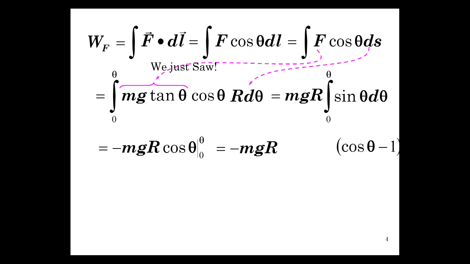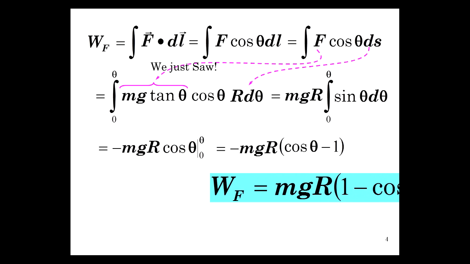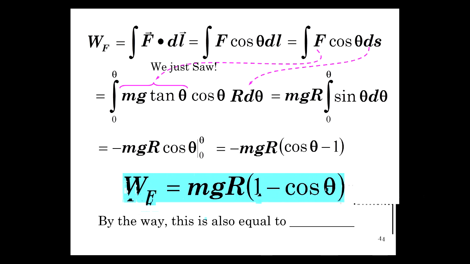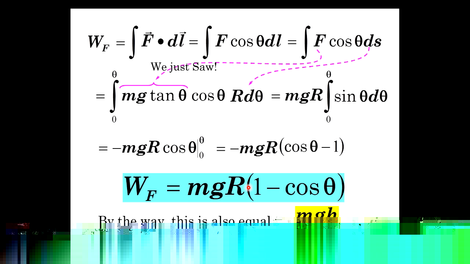And so we have mgr times cosine of theta minus 1, with the minus in front of the whole thing. And there is our result that we're looking for. mgr times 1 minus cosine of theta. And it turns out that that's also equal to just mgh. R times 1 minus cosine of theta is just the height.